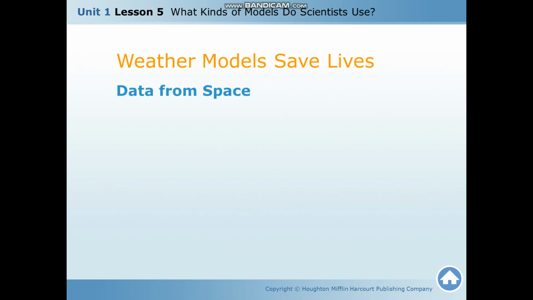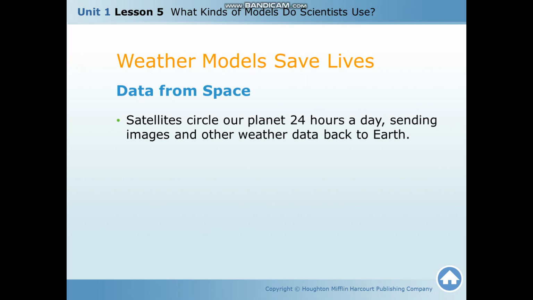Weather models save lives. Data from space satellites circle our planet 24 hours a day, sending images and other weather data back to Earth. When we say satellite, it is something that moves around another bigger object, just like our moon, which is smaller than the Earth and circles around our planet.